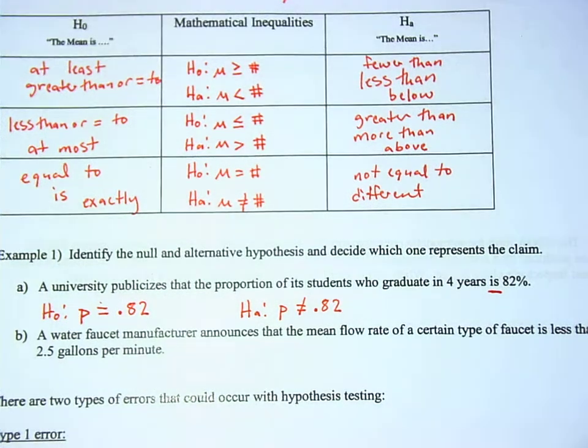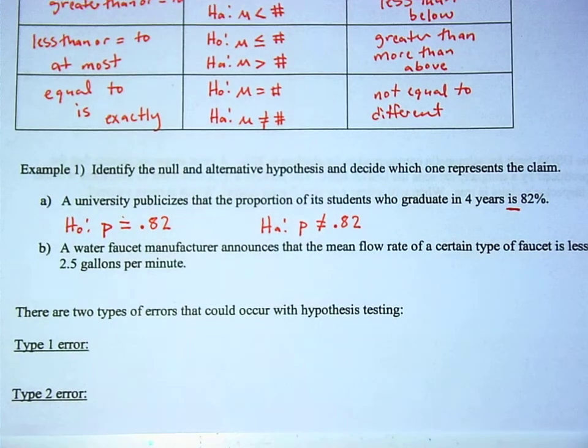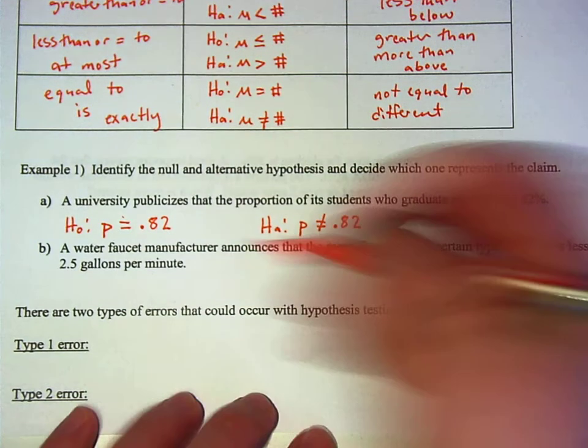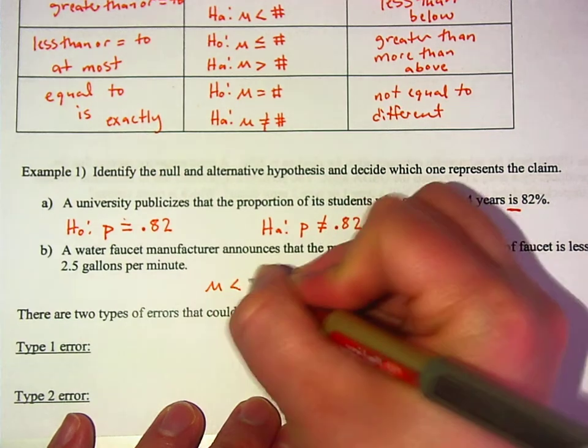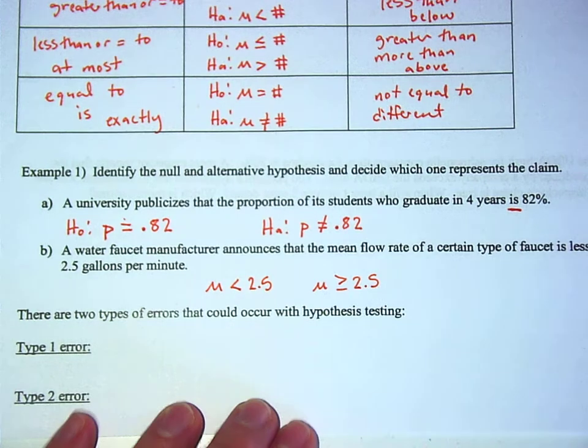Okay. All right. So you do the next one. B, you write down H sub O, H sub A. Did you guys get that?